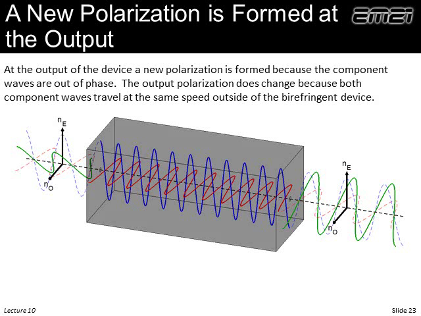So for example, if we give a 180-degree phase shift of one polarization relative to the other, then the net polarization, what we're showing in green, has flopped over by 90 degrees. And it's now orthogonal to the polarization coming in. So we can use this type of birefringence actually to control polarization.